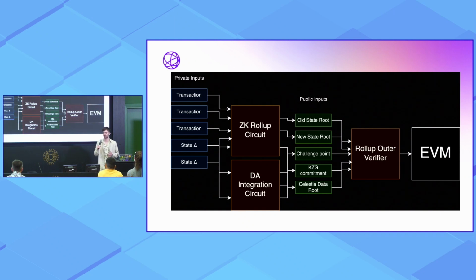A nice thing about 4844 is that it gives the rollups a standard commitment to use that we can very easily hook into. Back when they were doing call data-based DA integrations, they did it differently. Some of them were doing linear Keccak hash, some of them might have been doing SHA, some of them may have been doing Merkle trees or various other ways to commit to it. With 4844, they're all going to do KZG, and so it's one thing that we can reuse.